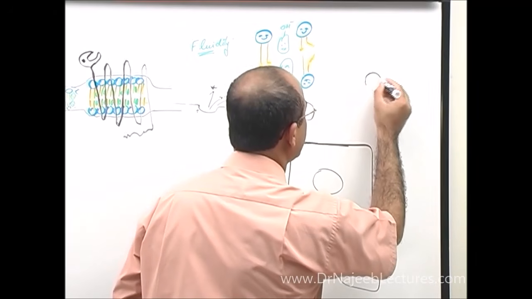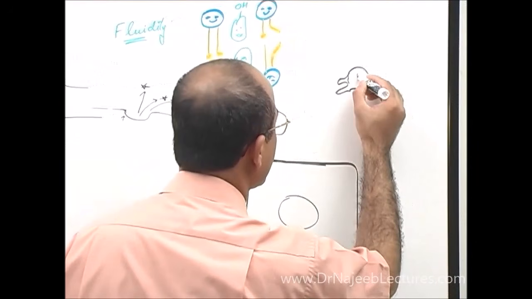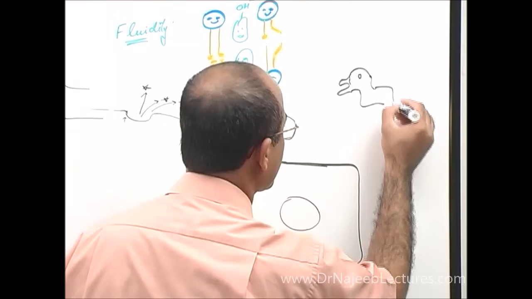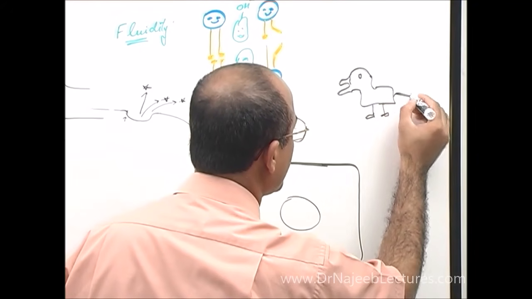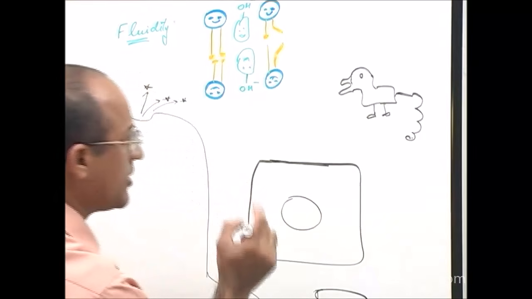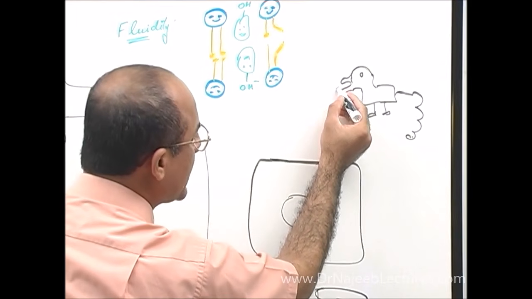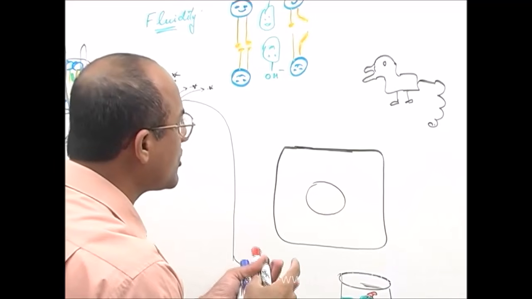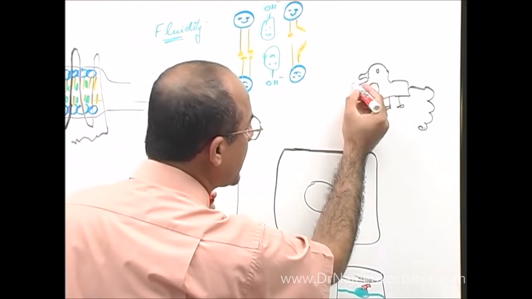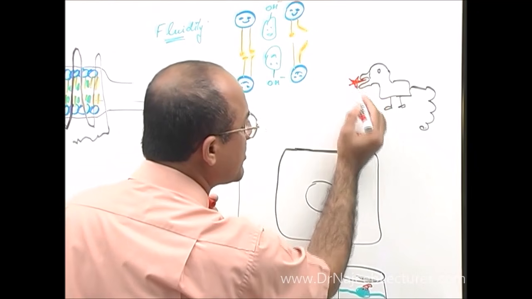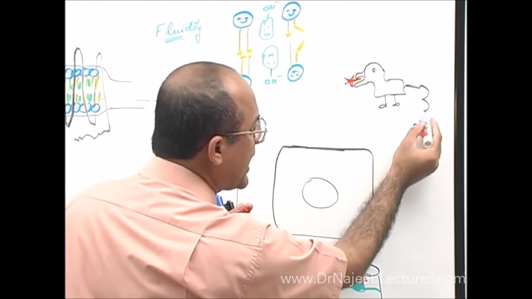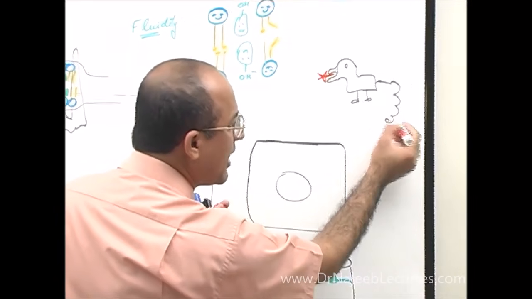Let's suppose this is a protein. Now listen, this is a protein, and when this protein binds with a special type of substance, the protein undergoes change, and this component of the protein alters.